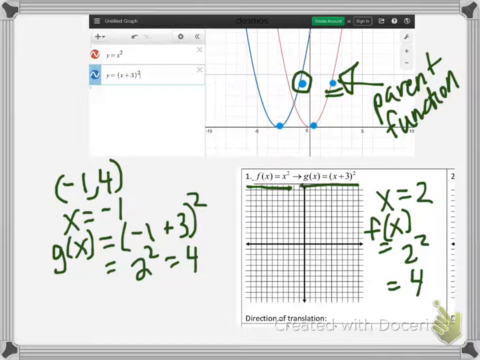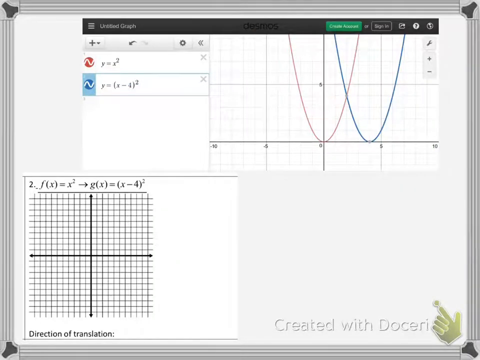So when we're dealing with x, the translation does pretty much the opposite of what you might expect at first glance. Not unexpectedly then, if you start with x squared and you go to quantity x minus 4 squared, so now we have x minus something. I'm just using a because it can be 4 or 10 or a million. X minus anything, it's going to go to the right by that amount.